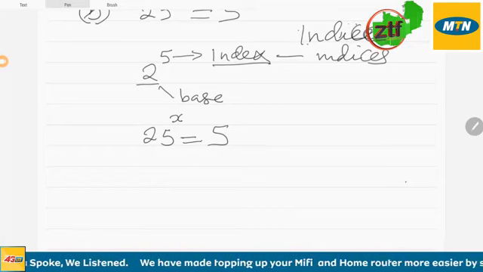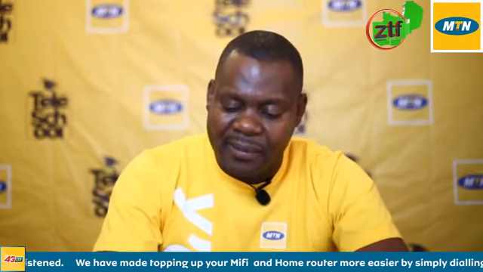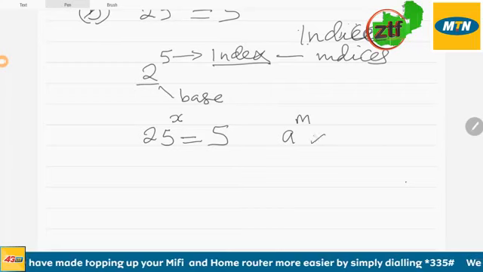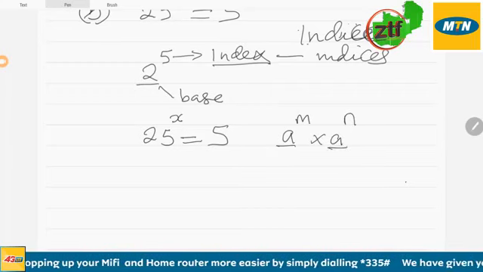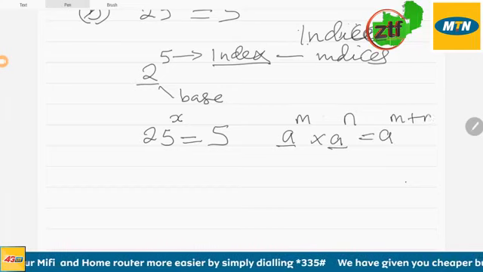When dividing powers of the same base, you subtract the powers. For example, if we have a to the power m times a to the power n, the bases are the same, so we add the powers. This is the same as a to the power m plus n.